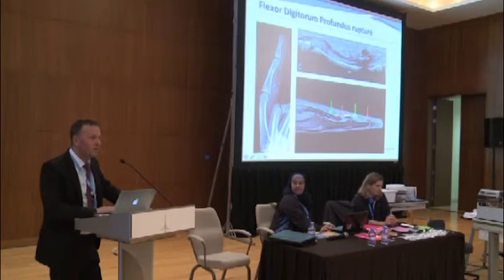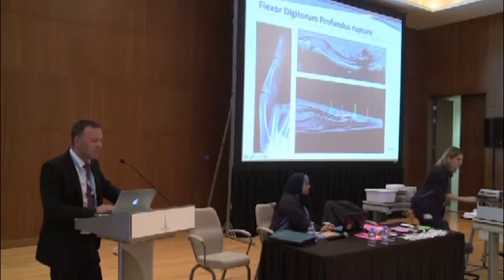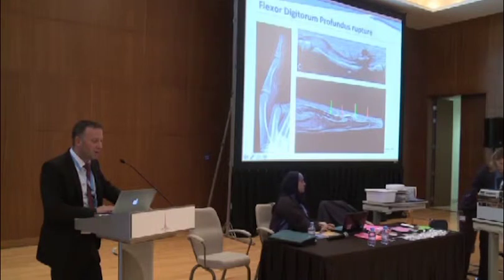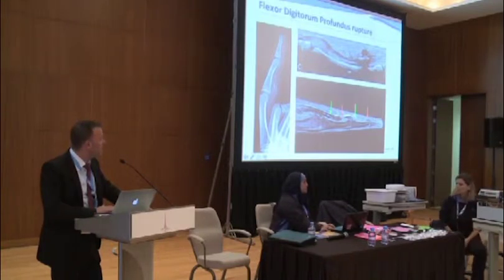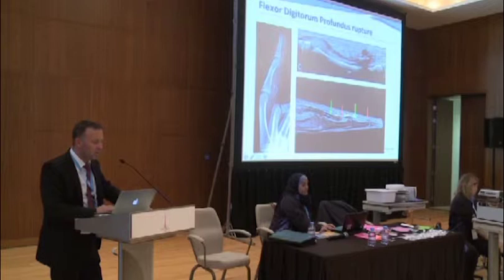This is the avulsion of the insertion of the FDP on the distal phalanx. Here you see the tendon is retracted on the middle phalanx. You see better on the MRI the attachment of the distal part of the flexor digitorum profundus and the proximal part retracted on the middle phalanx.